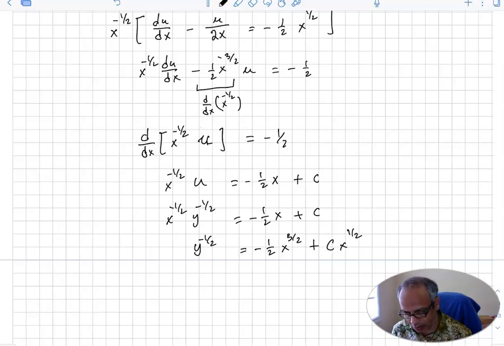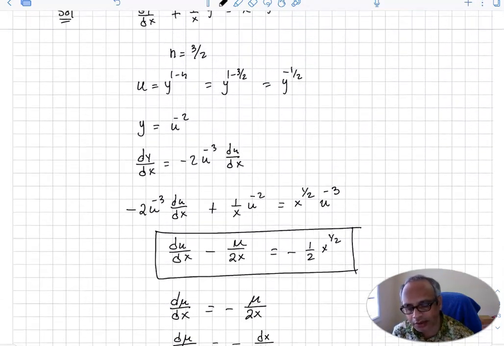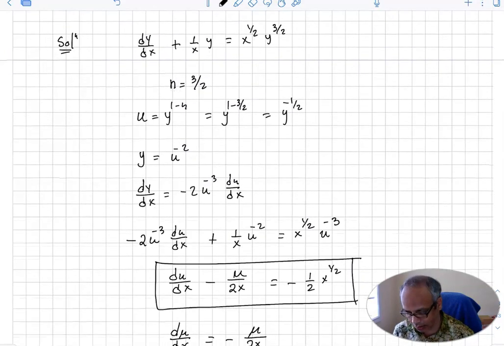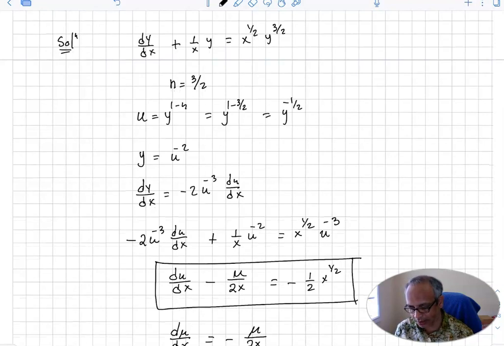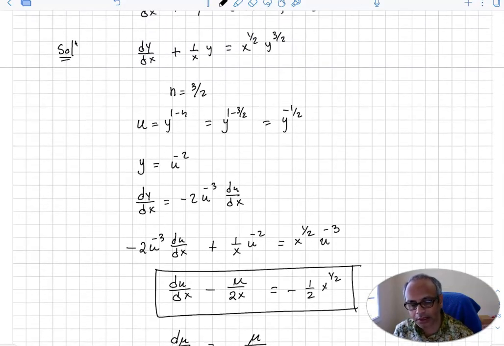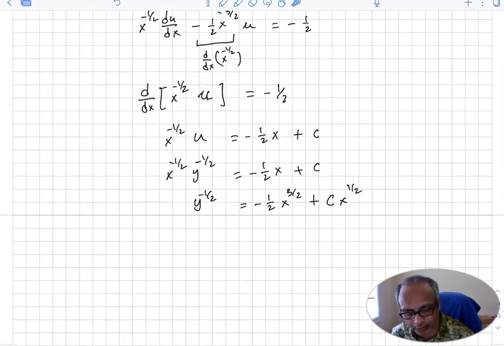Now we're going to use the condition. Let's look at what the condition given is. I perhaps didn't write down the condition here, but I have the condition right here: y(1) equals 4.